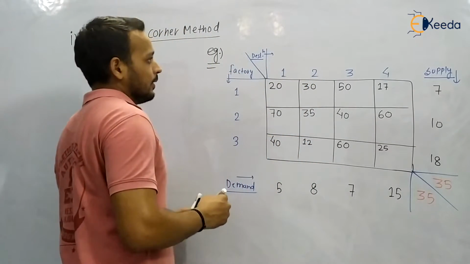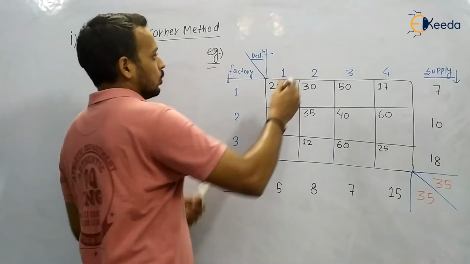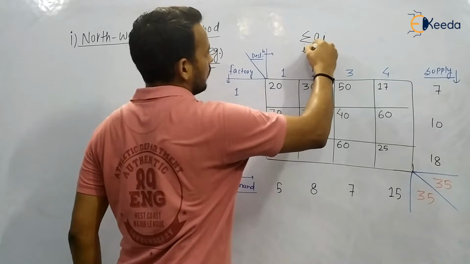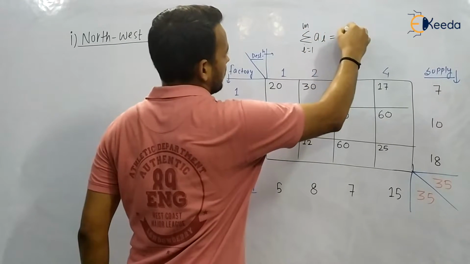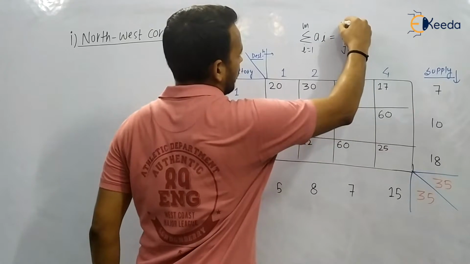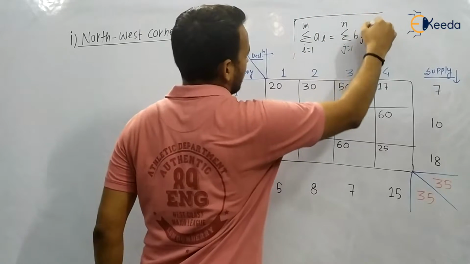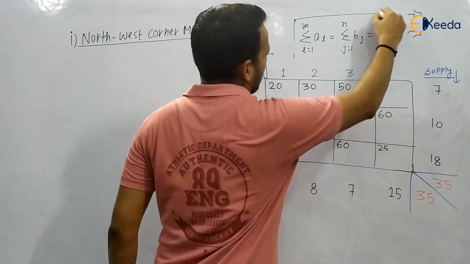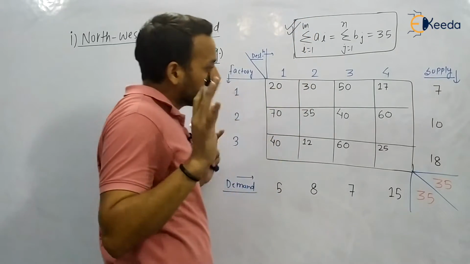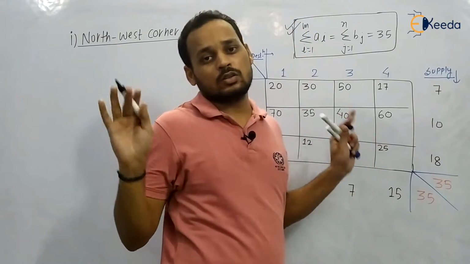So the total demand is equal to the total supply, that is, the summation of ai for i equals 1 to m equals the summation of bj for j equals 1 to n. This is satisfied and both are equal to 35 units, so this is a balanced transportation problem. If the problem is balanced, then we can proceed.